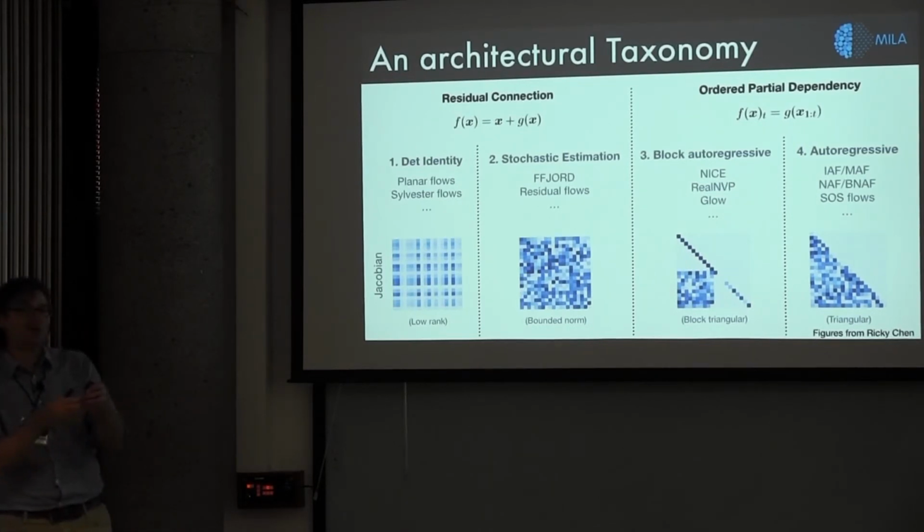We're going to exploit a little bit of the same notion that we had with our autoregressive model. We're going to use partial orderings on, and dependencies between, variables to give an invertible map by definition, but also to render that change of variables tractable as well.